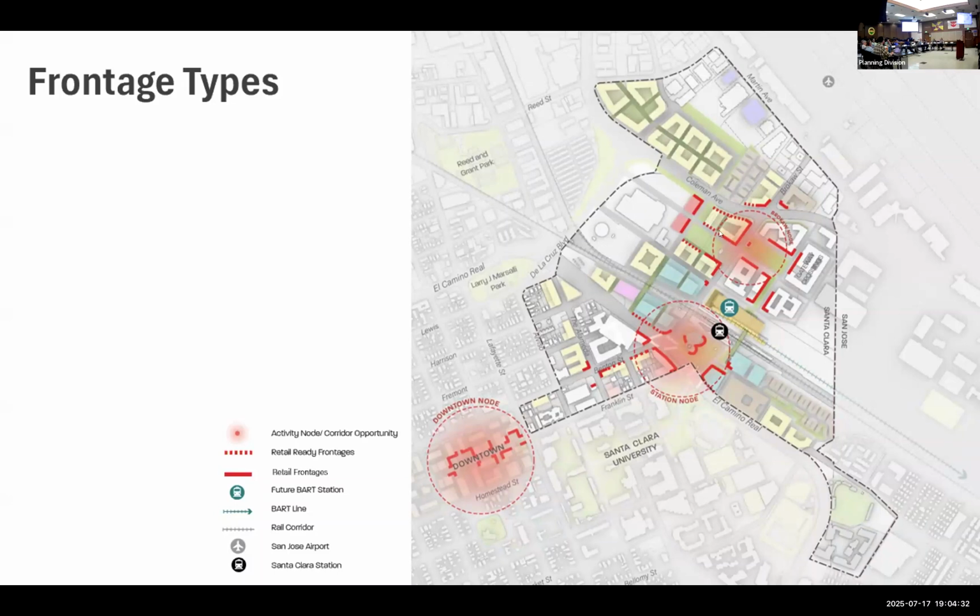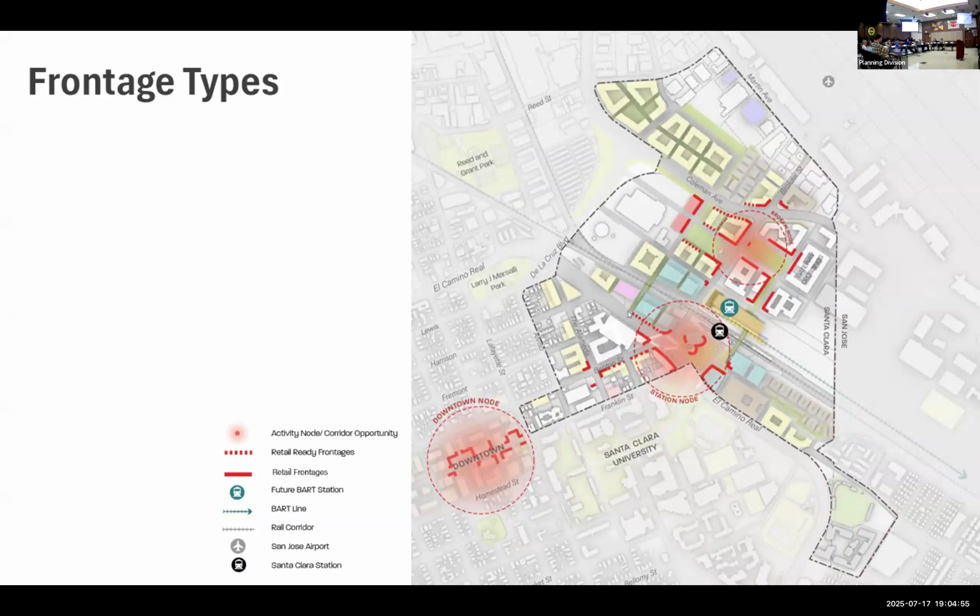So the second area that we're critically thinking about having retail ready frontages are these connections of retail from Brokaw to connecting to the regional retail that we have towards the Costco parcel. So having those frontages also be retail ready to be activating frontages in some form.